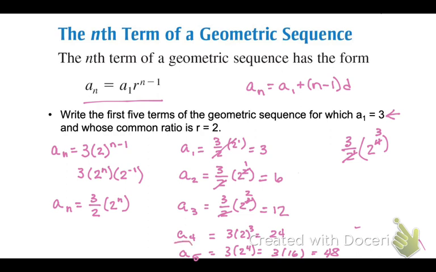Do it again. Okay, so 3/2 times 2 to the fifth. There's a 1 here, yes? So I can subtract 1. So it's 2 to the fourth. Guys, it comes back right here. N minus 1.